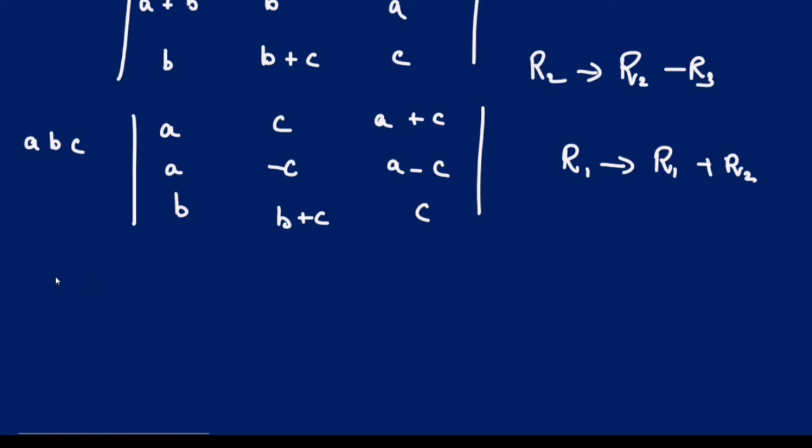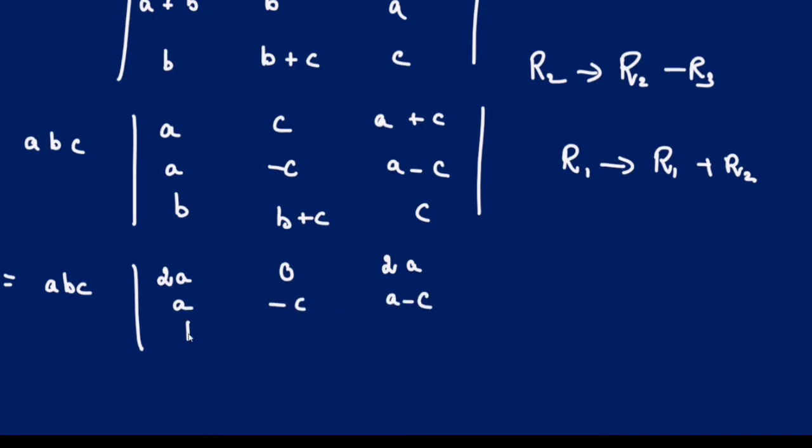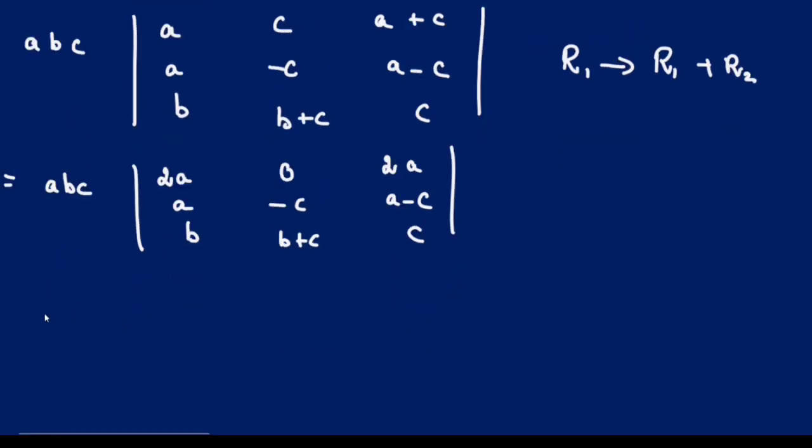So this is ABC. You are adding A plus A, 2A, plus C minus C, 0. This gets cancelled and you get a 2A. Second row we didn't do anything, as it is: B, B plus C and C. Now what is the next step?